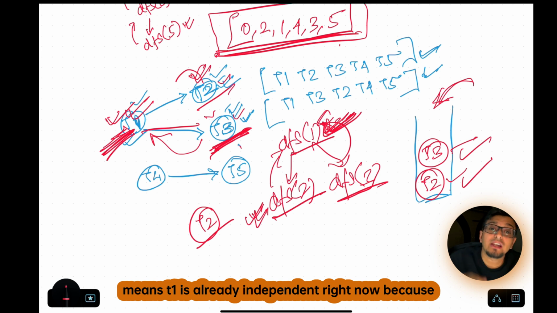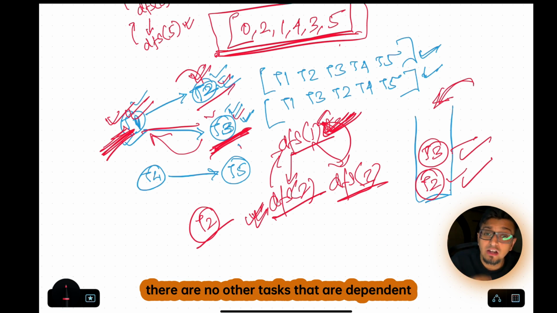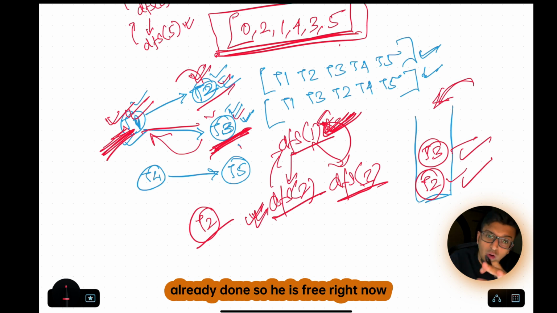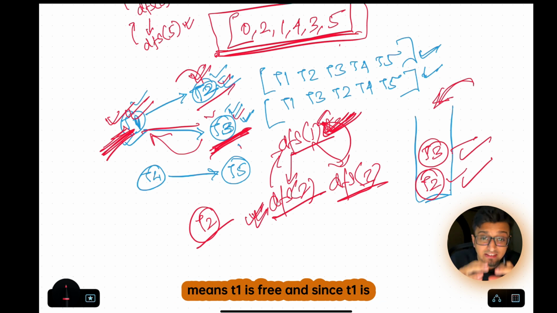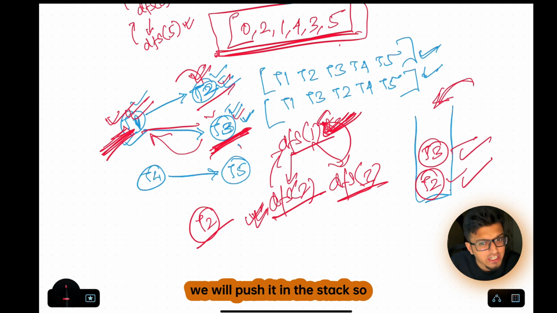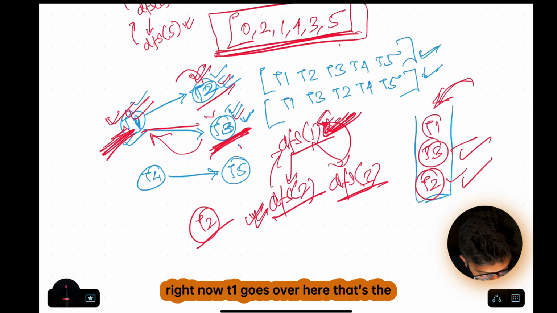This means T1 is independent right now, because all the child tasks are already done. So T1 is free. And since T1 is completely free, we push it in the stack. So right now T1 goes over here. That's the main concept.